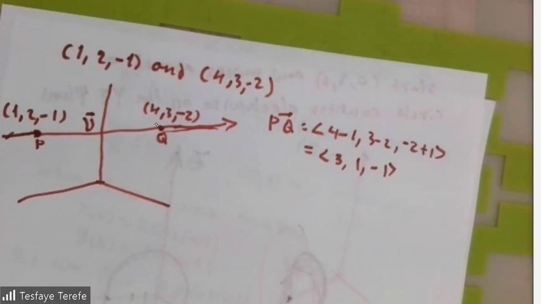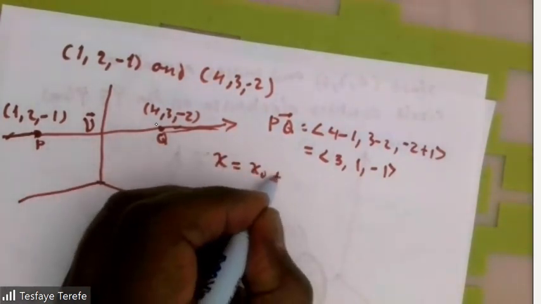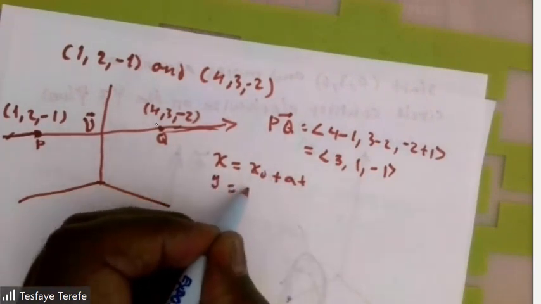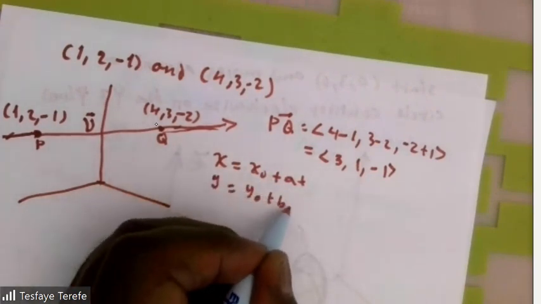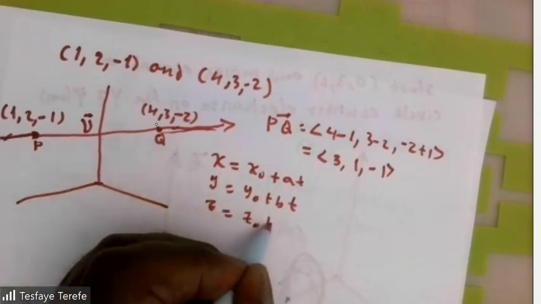If I get that, then what can I do? Well, you remember we came up with x is equal to x sub 0 plus at, y equals y sub 0 plus bt, and z equals z sub 0 plus ct.